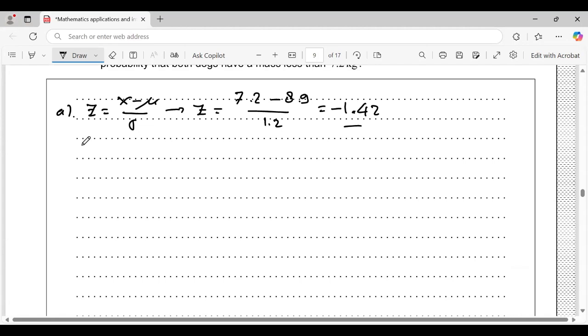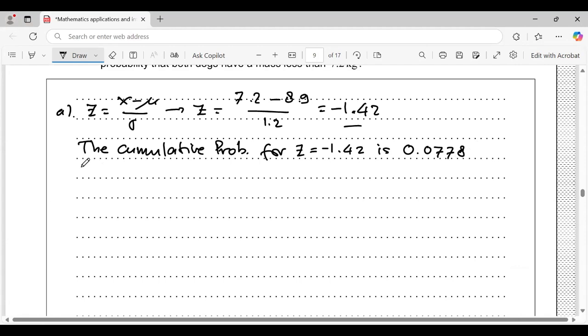The cumulative probability for Z equal minus 1.42 is 0.0778 by Z table.